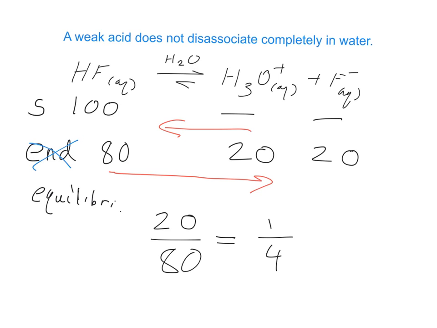The weak acid will reach a state where that ratio of 1 broken up to every 4 together is constant. The breakups are still occurring and the togethers are still occurring, but the ratio doesn't change. When you reach that state where the ratio is unchanged, that state's referred to as equilibrium.